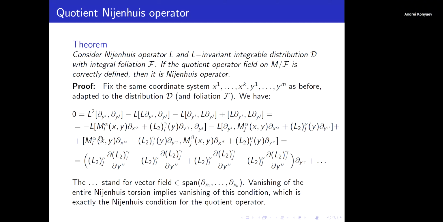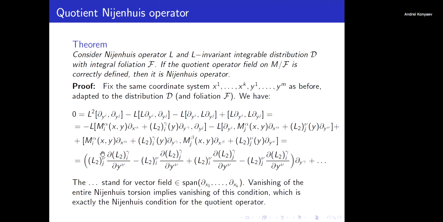And this part is a summation, with gamma from 1 to m, over the entire y. These parts vanish because we have those basis vector fields. So if they vanish, we get the following formula, and this is exactly the formula for the vanishing of the Nijenhuis torsion for L2.